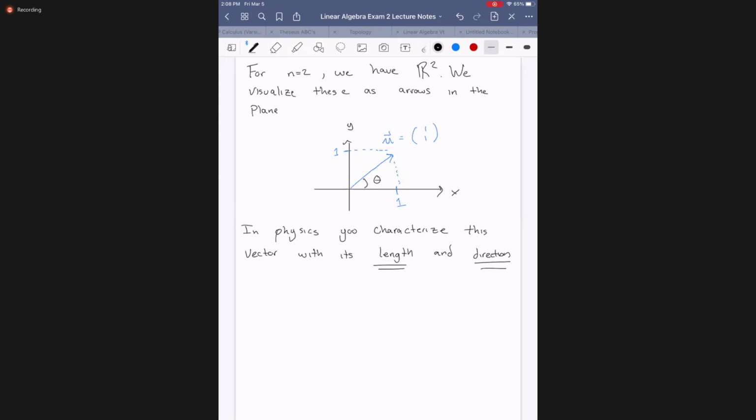Okay, this is how we've always thought about them. For R3, you would need 3 axes, an x, y, and z, but you would still characterize the vector in terms of its length and the direction it's pointing in. This is all stuff we know. We've dealt with these, and you probably used them even before this class.